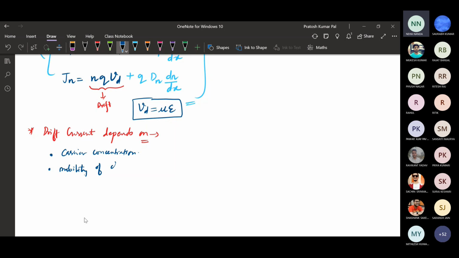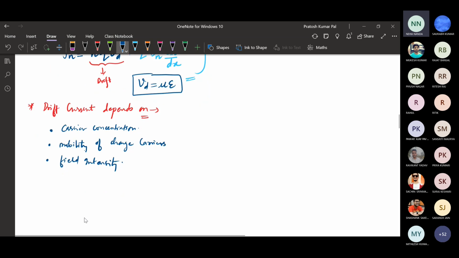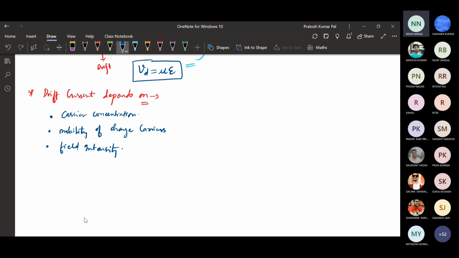So this drift current will depend on the mobility of the charge carriers, and also the electric field intensity. These are the different parameters on which this drift current will depend.